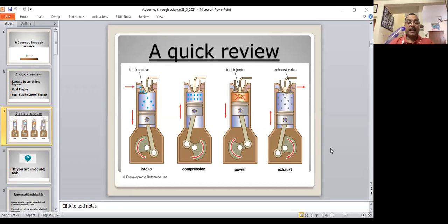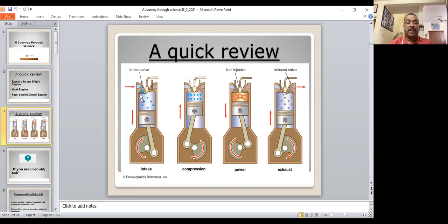In its starting point, the piston will be at its top dead center. We will open up the intake valve. Let us say this portion is the piston head. We will open a valve in here and push the piston downwards.